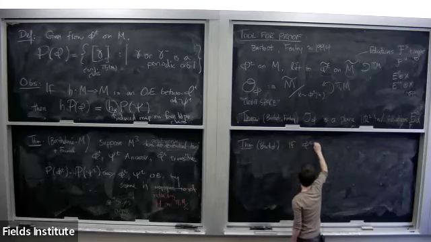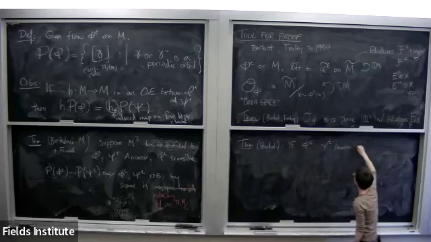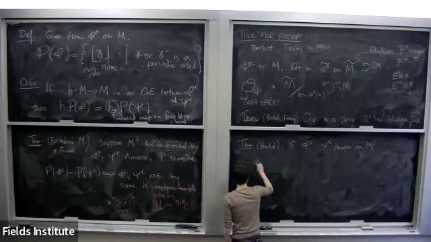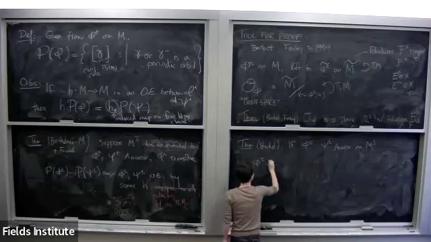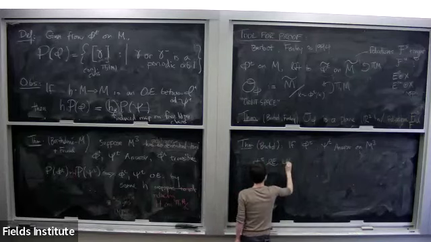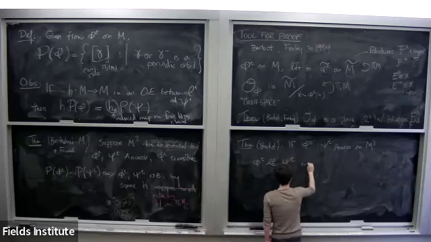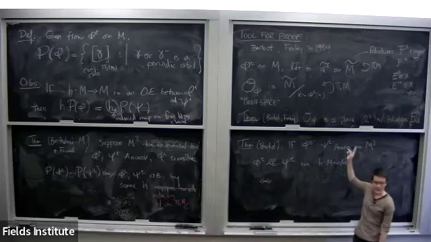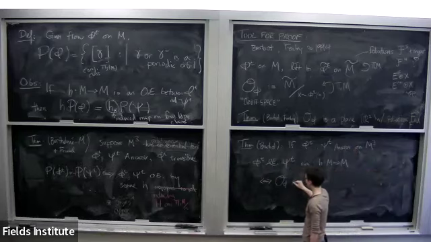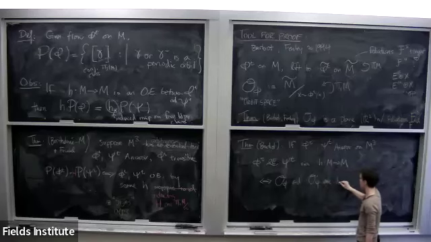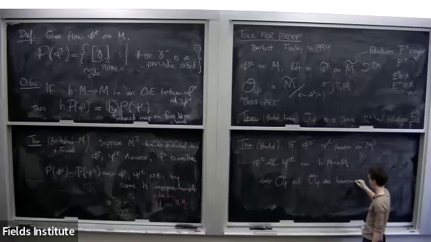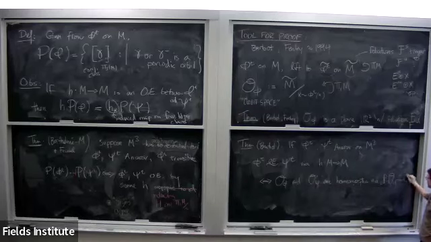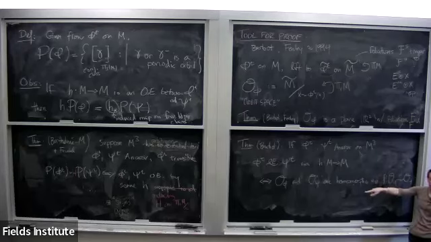If I have two Anosov flows on a three-manifold, then these are orbit equivalent via some map H if and only if their orbit spaces look the same, these are homeomorphic via some map, I don't know, F, that takes foliations on one to the foliations on the other.